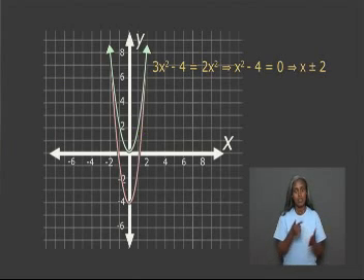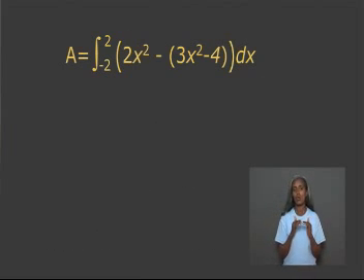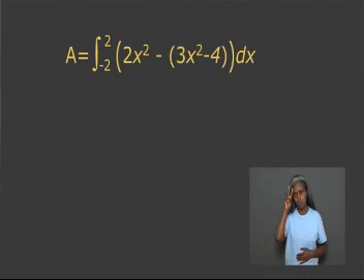This is the graph of our function. The area equals the integral from negative 2 to 2 of 2x squared minus 3x squared minus 4 with respect to x.